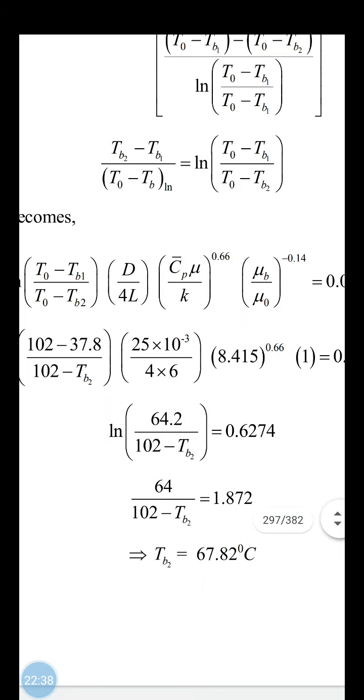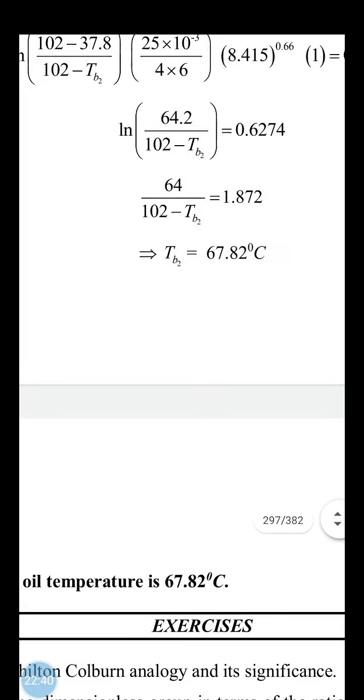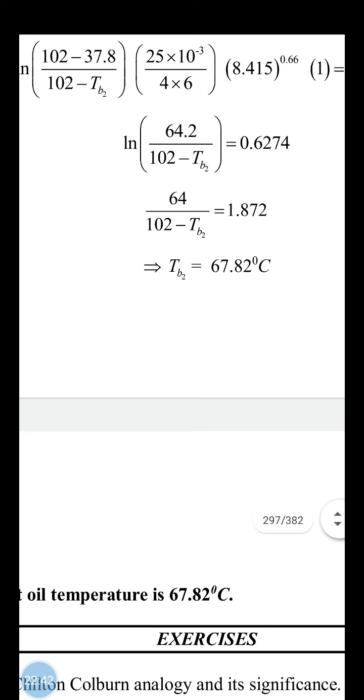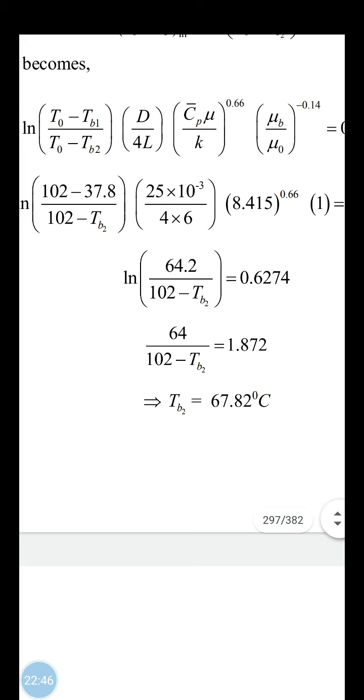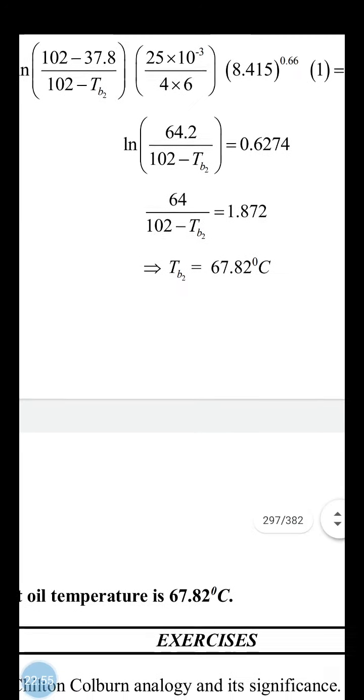You can solve this and find out Tb2, which is nothing but 67.82 degrees Celsius. So what you find from this problem is the Reynolds number, the Prandtl number, and you have calculated the exact exit oil temperature of the fluid.